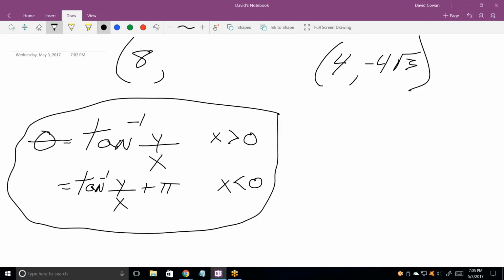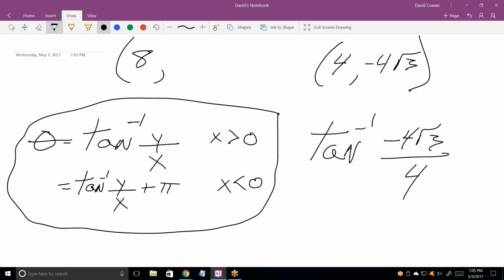Now, in our case, x is positive, so we're going to use the inverse tan of negative root 3. In other words, we're going to take the inverse tan of minus 4 root 3 over 4. So that's the inverse tan of negative root 3.